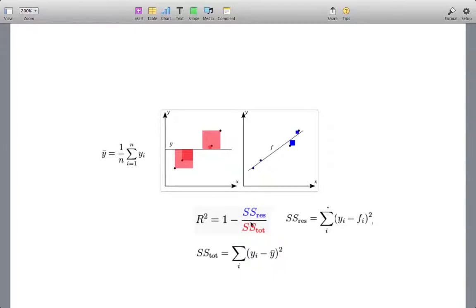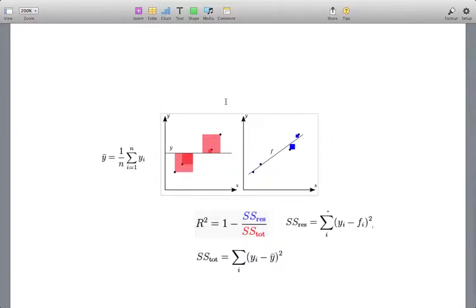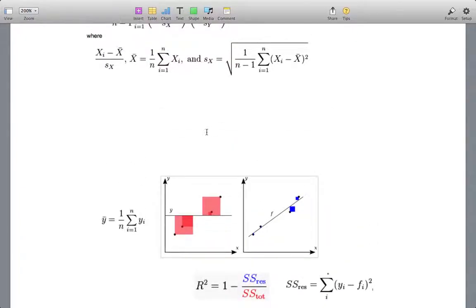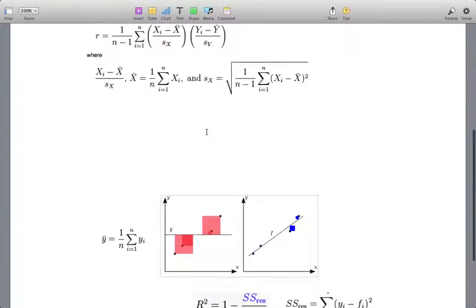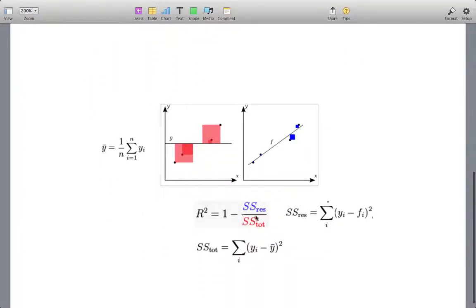So let's just talk about R squared for a minute. If R squared is equal to 1, let's just write this out here. Well, if R squared is equal to 1, that means that this quantity here is equal to 0. So what that means is that the sum of the squares of the residuals is equal to 0, or the numerator here is equal to 0, because the denominator can't be equal to 0.